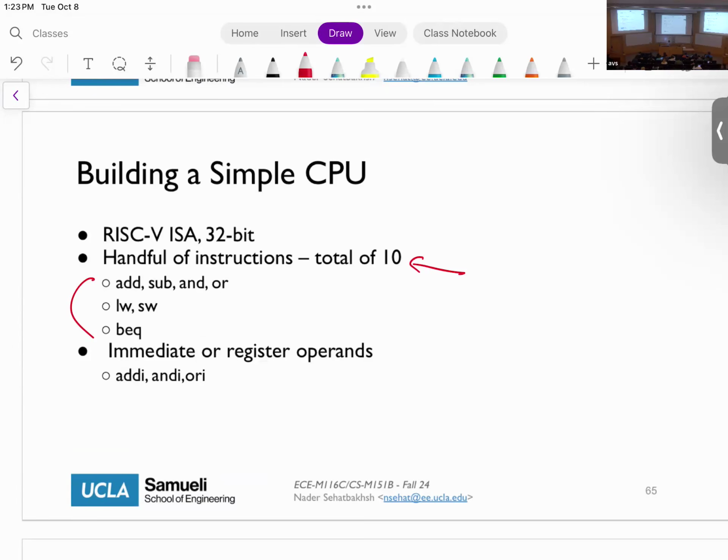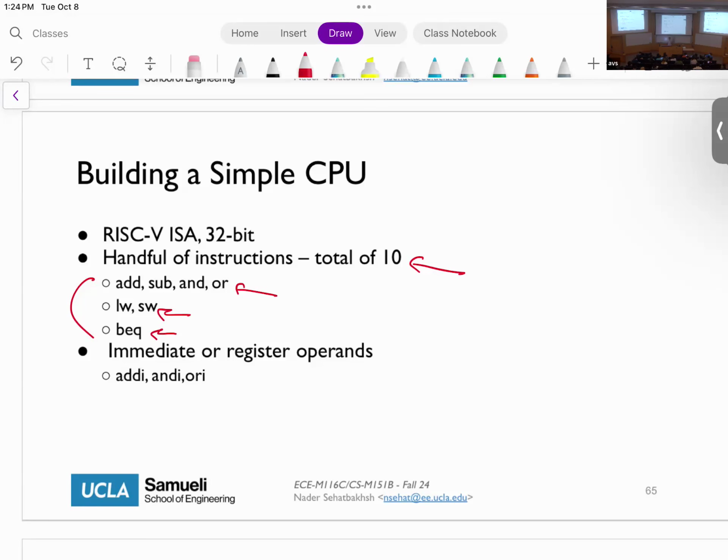The instructions that we're going to focus on are 4 R-type instructions: ADD, SUB, AND, and OR. We're going to focus on 2 memory instructions, load word and store word. We're not going to focus on store byte or load byte unsigned just yet. Then we're going to have just 1 control flow instruction, and that is branch equal.